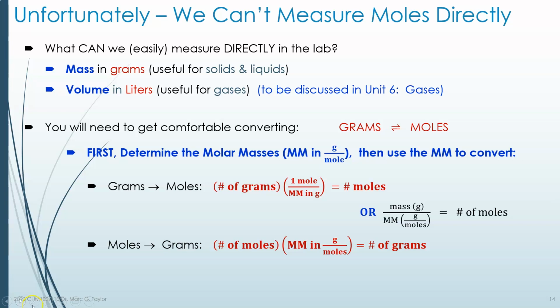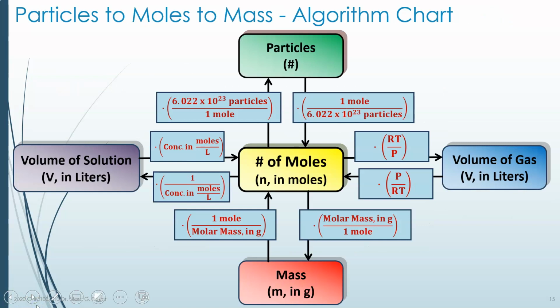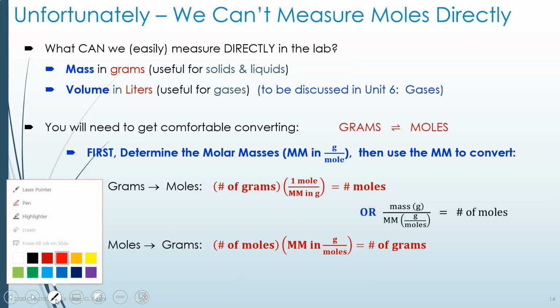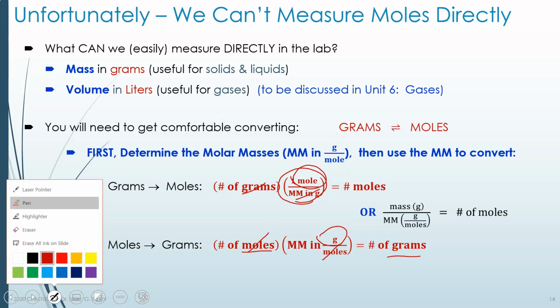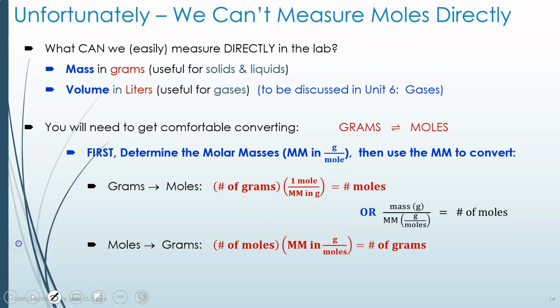So if you look at each of these cases and you write down the molar mass on the bottom in this case, you'll notice the grams cancel the grams and you're left with moles. Whereas when you want to go from moles to grams, you put the molar mass the way it is and the moles will cancel the moles and you'll be left with grams, which is what you want. So be careful how you use it.